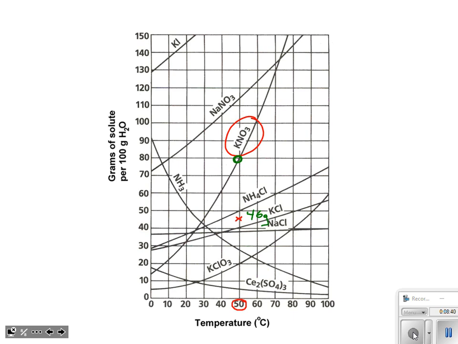So, based on knowing that I could have 80, I can get 34 more grams dissolved in that 100 grams of water, right? So I can get more of the solute in there. So is this saturated, unsaturated, supersaturated? Unsaturated. Okay? That would be an unsaturated solution.